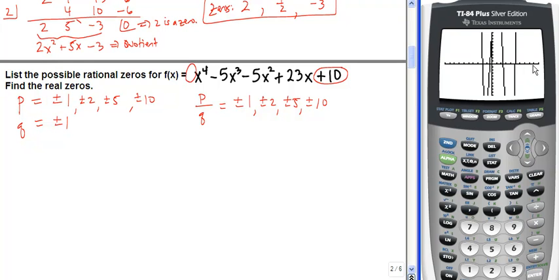And remember, our standard window, these are going by 1s across that x-axis. So what we're looking for here are what would a good guess be for the zeros that are in this list here. So we're looking for nice integer values that we can see from our graph that are probably going to be zeros for this polynomial.